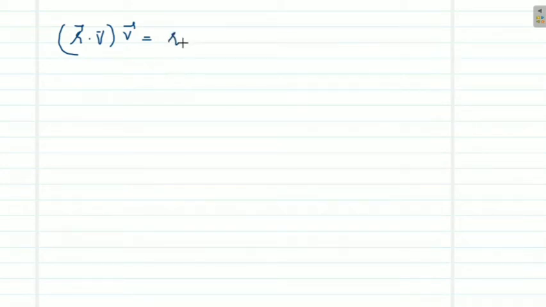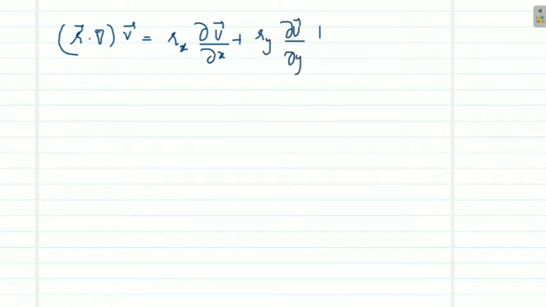That is Rx into dou v bar by dou x plus Ry into dou v bar by dou y plus Rz into dou v bar by dou z.